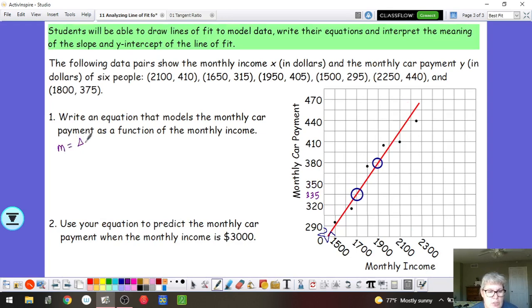Remember, slope is change in y over change in x. So my largest y value is 380 minus 335, over, at 380 the income was 1900 minus an income of 1700.